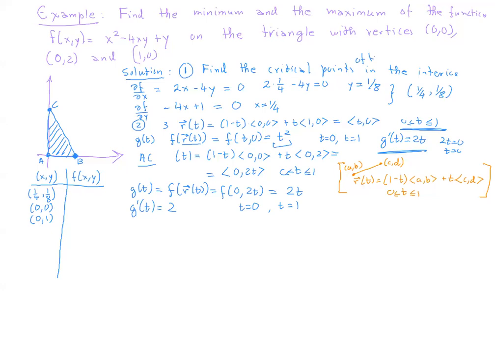And again, you should try to translate those values of the parameter to points. How? By putting them back into the parameterization. So t equals 0 gives you 0, 0, and t equals 1 gives you 0, 2, which are the two endpoints. 0, 0 has already been included, so we're just going to put 0, 2 on our table, and you will see that now all 3 points are included.